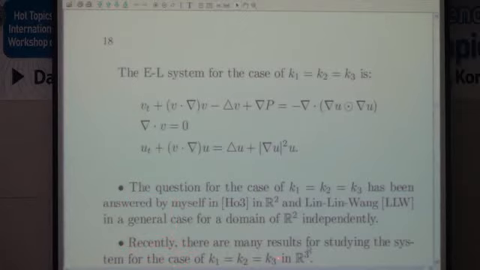So recently there are a lot of results for this system in 3 dimension, but I don't want to go through this part. I'm just talking about the general model.